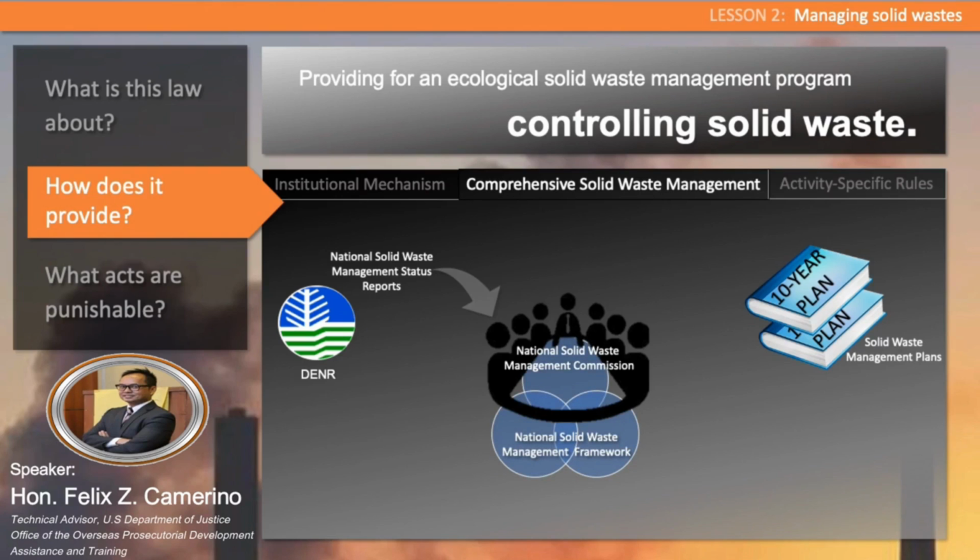Okay, and that framework provides the baseline. Because again, it assesses the situation in the country, and since it has some starting points, a base, every entity that is tasked to prepare a management plan is able to use this as a starting point.